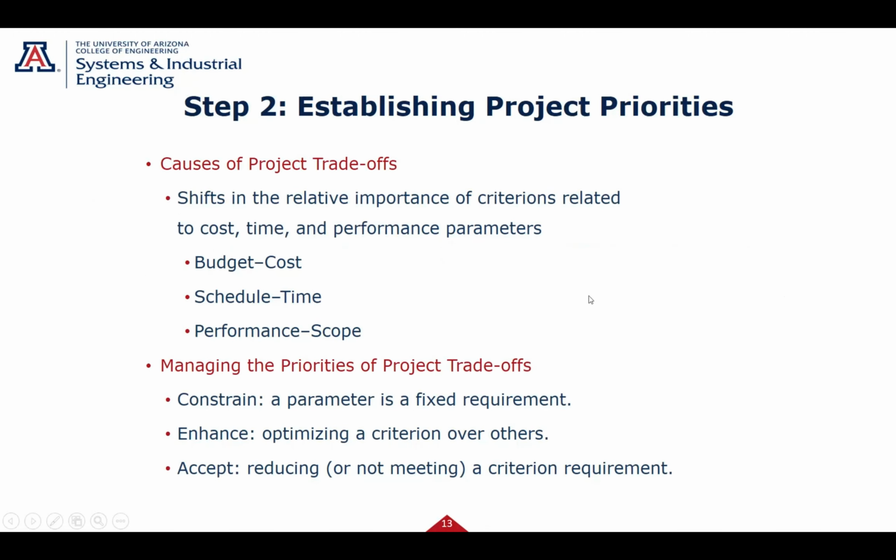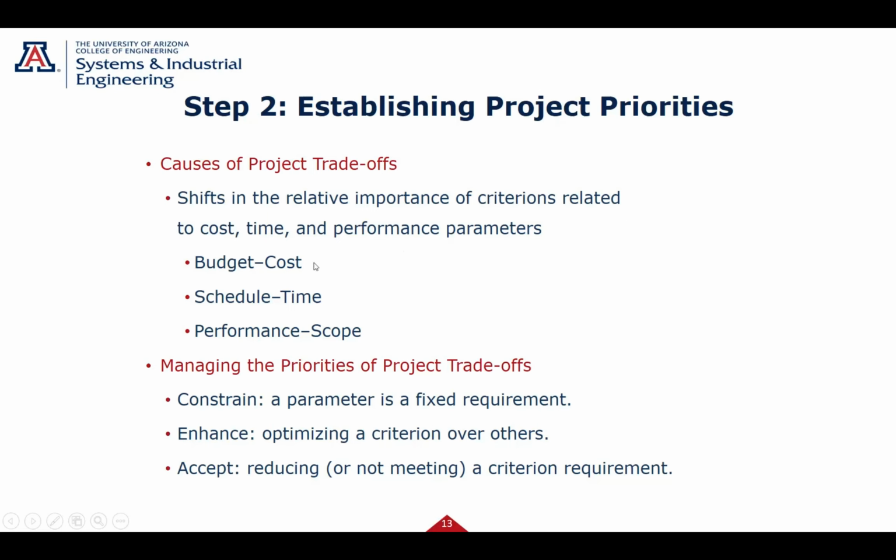Okay, let's establish the priorities for the project. So this is important. You're up front, and what are the priorities? And again, you're going to see here that these could change depending on the project. So shifts in the relative importance of criteria related to cost, time, and performance. So what is more important to the customer?